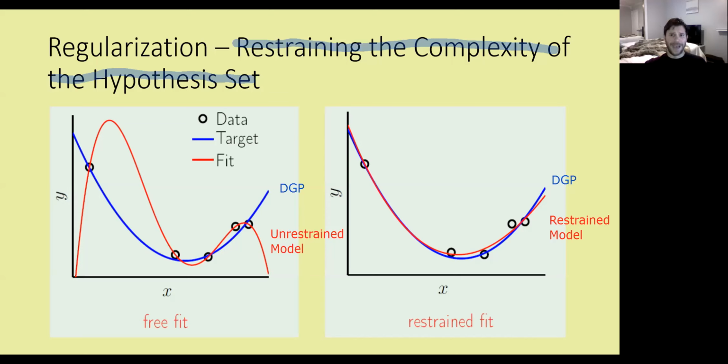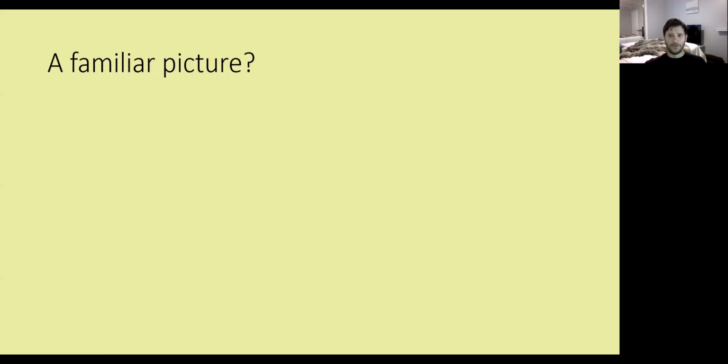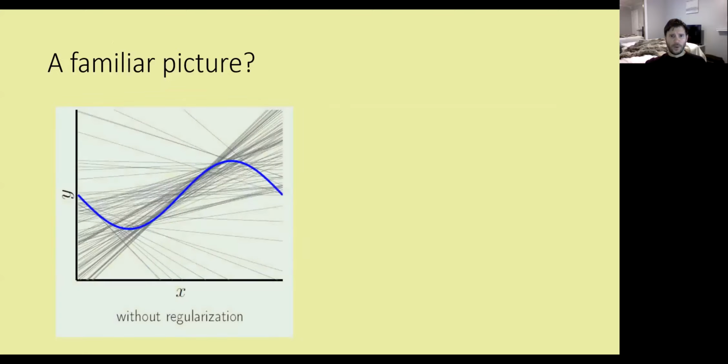So I want to go back to a familiar picture that we looked at in the last segment. We were looking at this experiment where we looked at this data generating process. We didn't have any noise in this experiment, but we would pick two data points, sample them, and use those two data points to build our best linear hypothesis, a straight line going right through those data points.